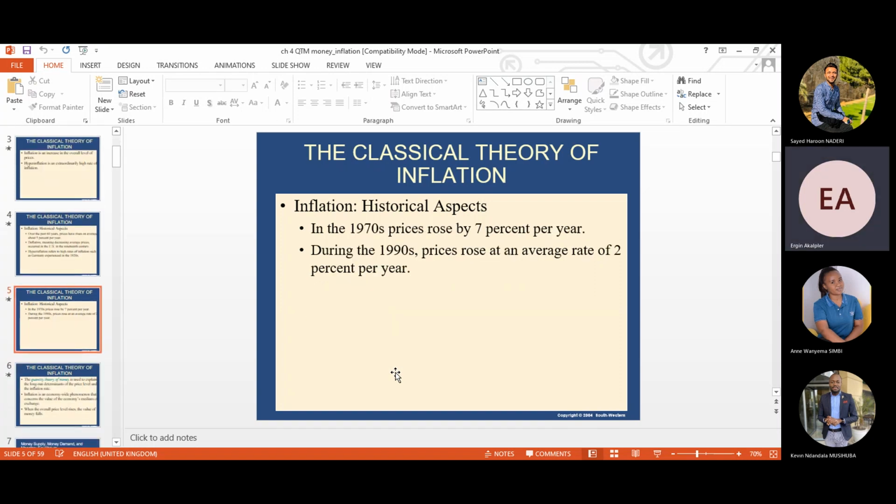As I said, inflation was the big issue in the economy, and it was also observed in many countries. During the 90s, prices rose at an average rate of 2% per year, which was not too high. But in the 70s, prices rose by 7% per year. As you are observing, this was the historical aspect.